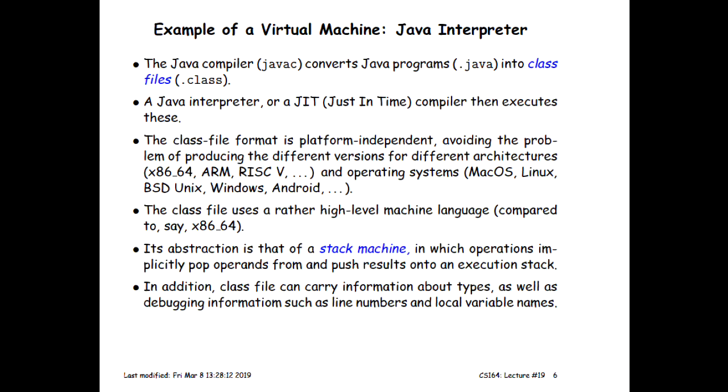So far, so good. Now, the interesting thing about this particular design is that they've gone to the trouble of defining the format of the class file. The Python people also have an intermediate form, but they stubbornly refuse to officially define what its format is, and they hold open the option of changing it at any moment.